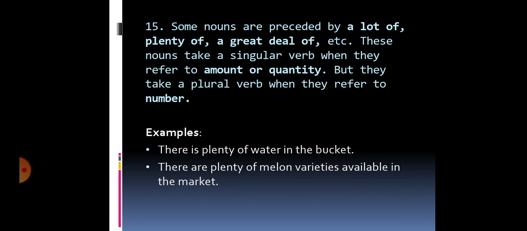There are plenty of melon varieties available in the market. So with quantity, water, they've used is, and with number, they've used are.